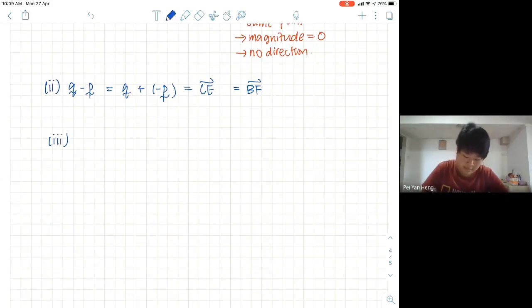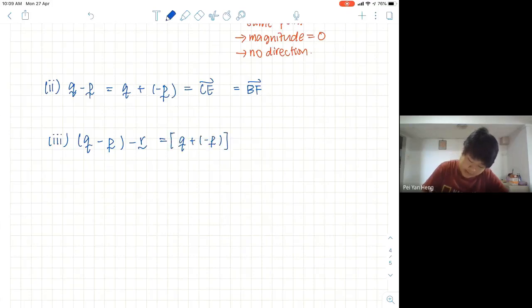Okay, and then for last part, P minus Q minus R. So this is the same as vector Q plus negative P, then plus a negative R. So if you realize this portion came from part 2.